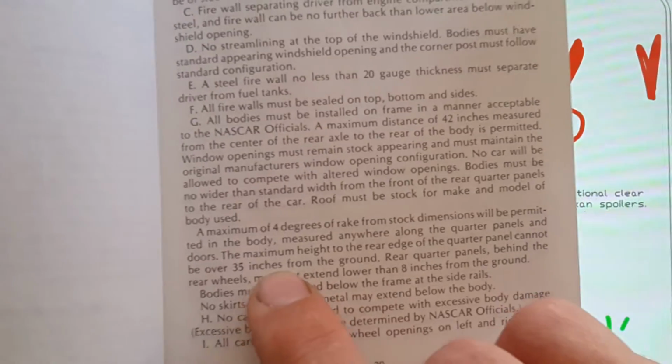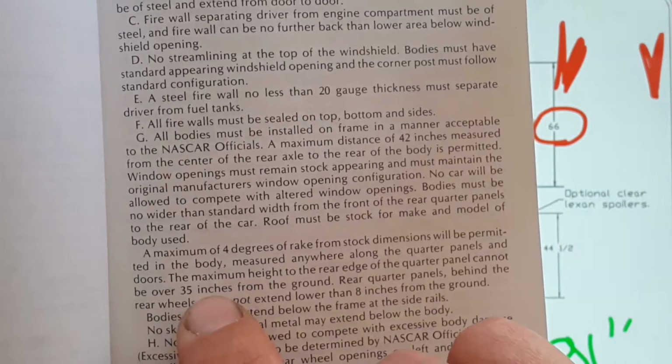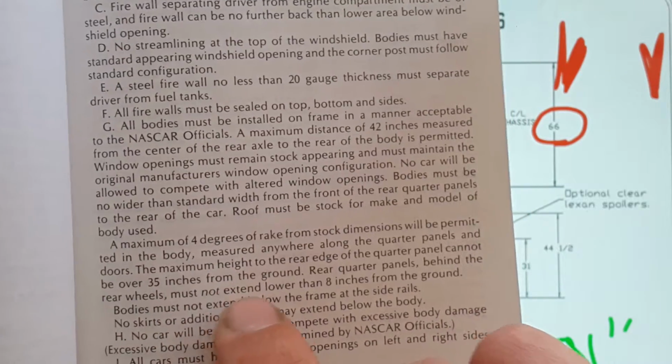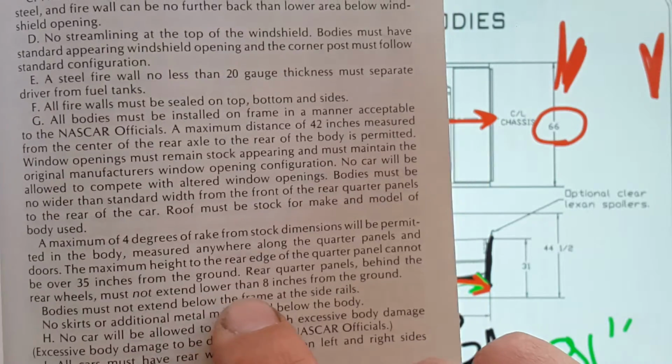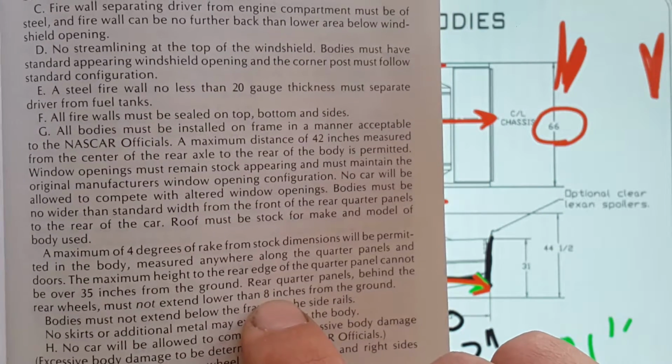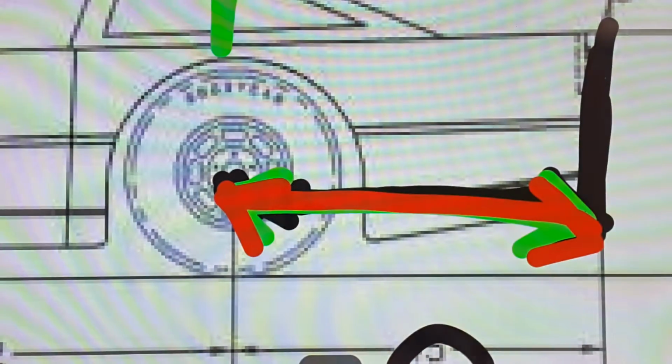Another one, the maximum height at the rear edge of the quarter panel cannot be over 35 inches off the ground. Also, the rear wheels must not extend lower than 8 inches from the ground. Read these two and what they're talking about. Let me zoom in.